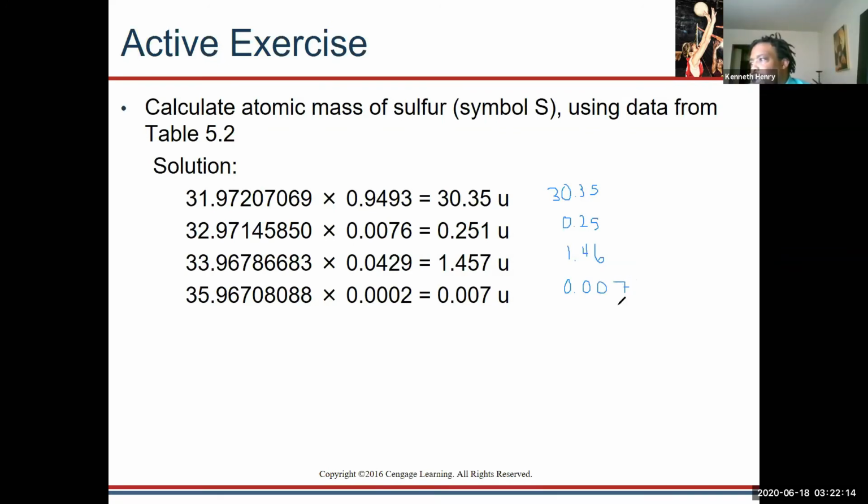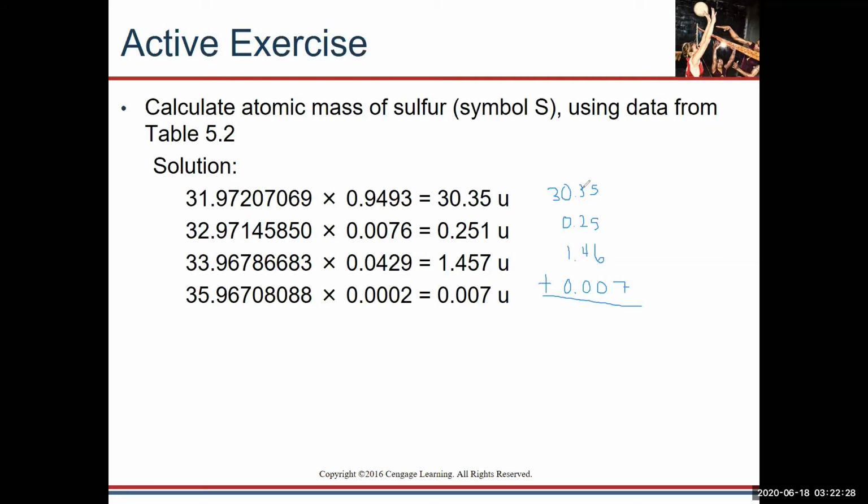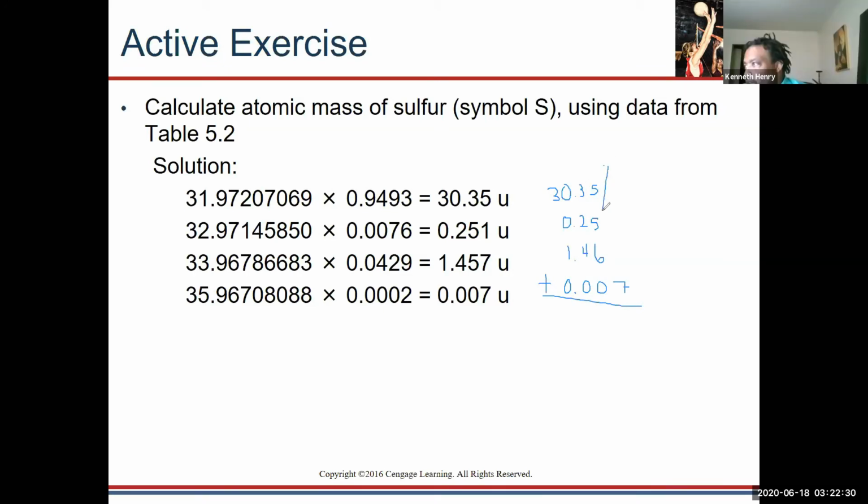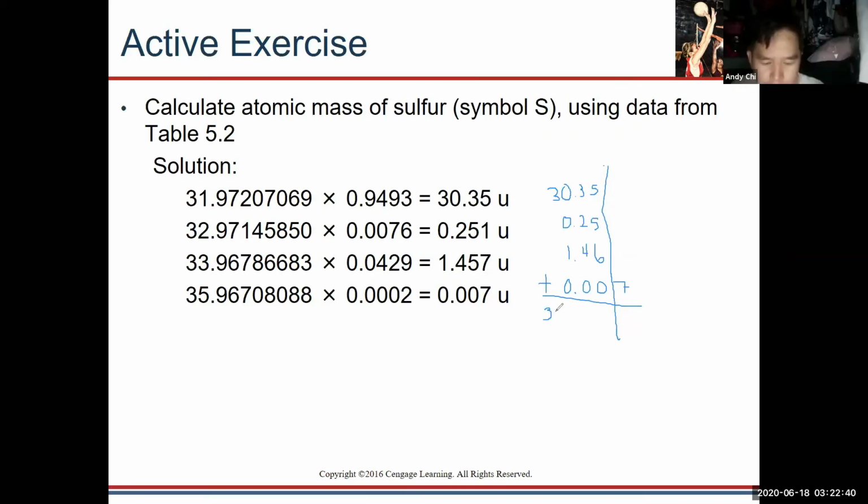So the answer should have how many sig figs? Because we're adding it together, right? 4. Where would I draw my line since I'm doing addition? Before the 7. Okay. So then my answer is going to be what? 32.067.